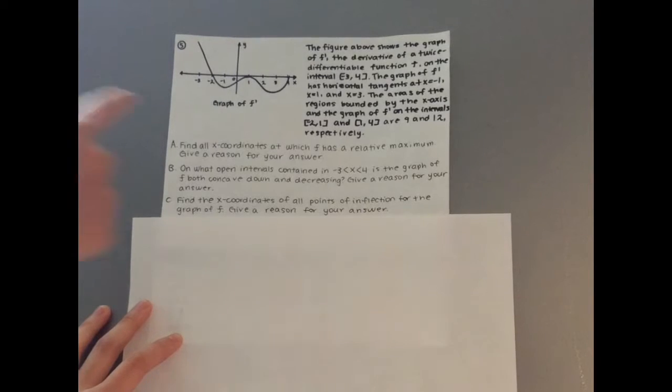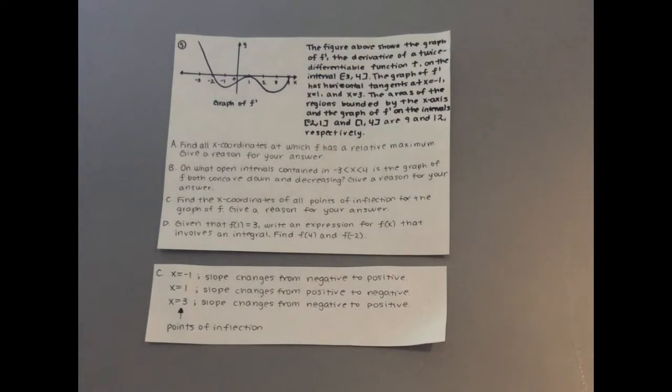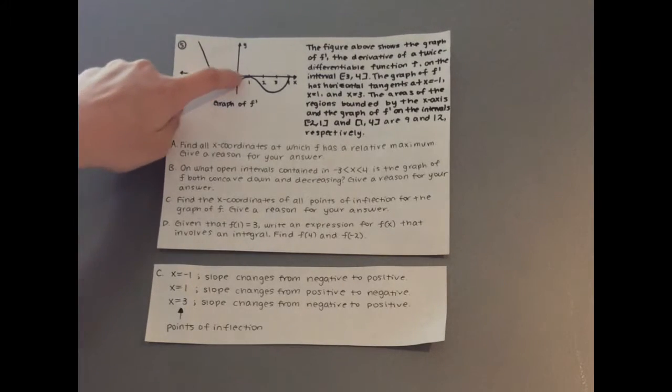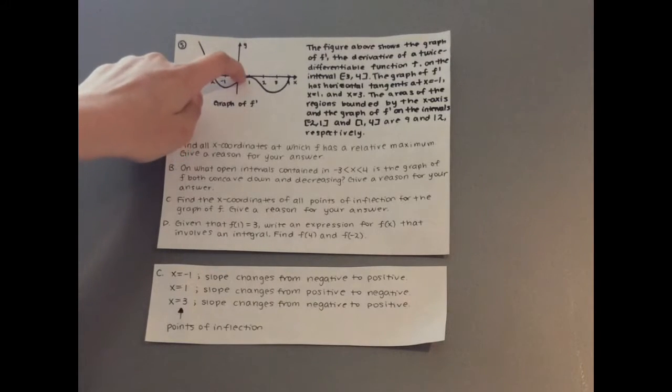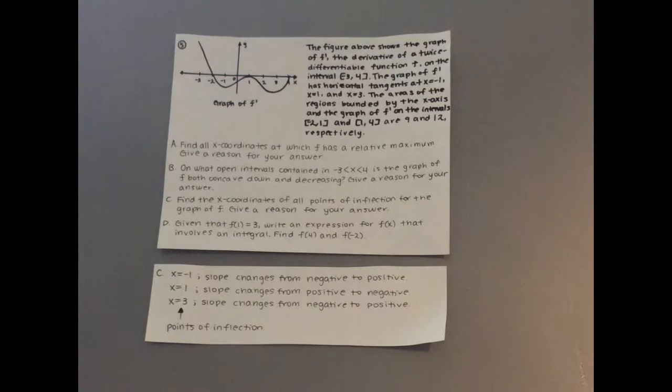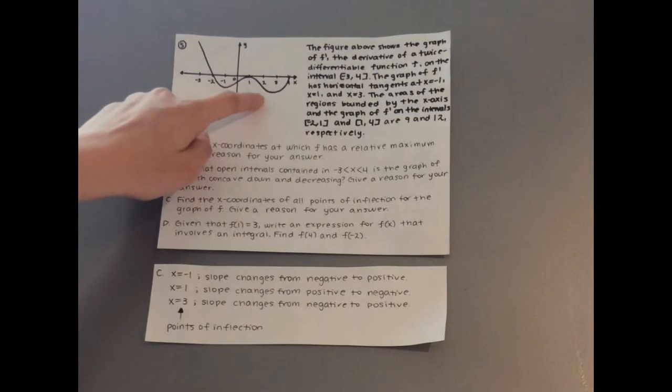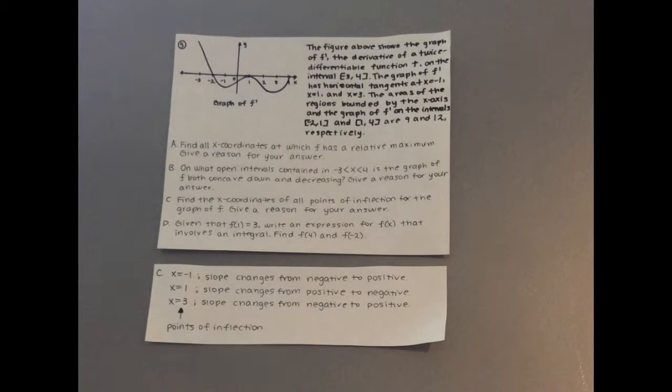And for f prime, which we're given, it would be the points at which the slope changes from negative to positive or positive to negative. So, at x equals -1, the slope changes from negative to positive. At x equals 1, the slope changes from positive to negative. And at x equals 3, the slope changes from negative to positive. So those are all points of inflection.